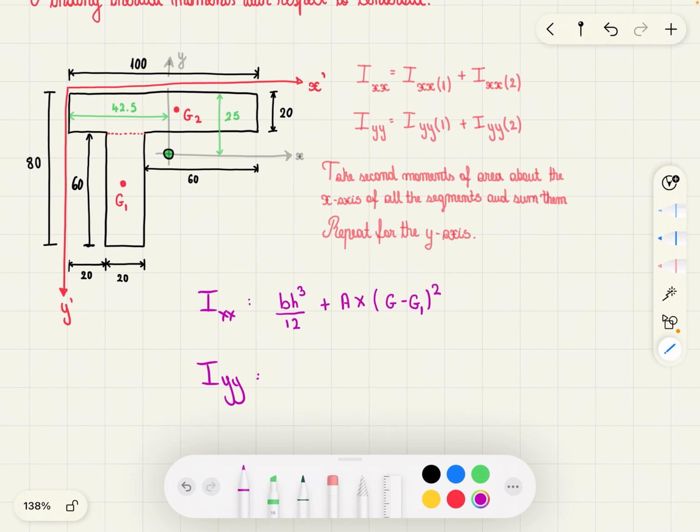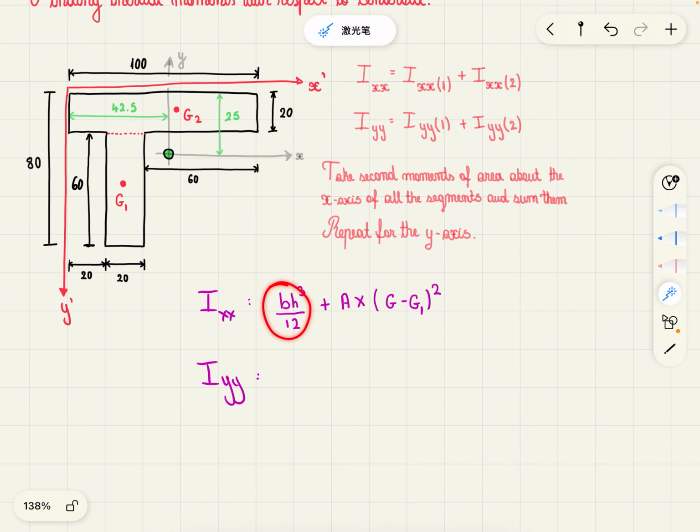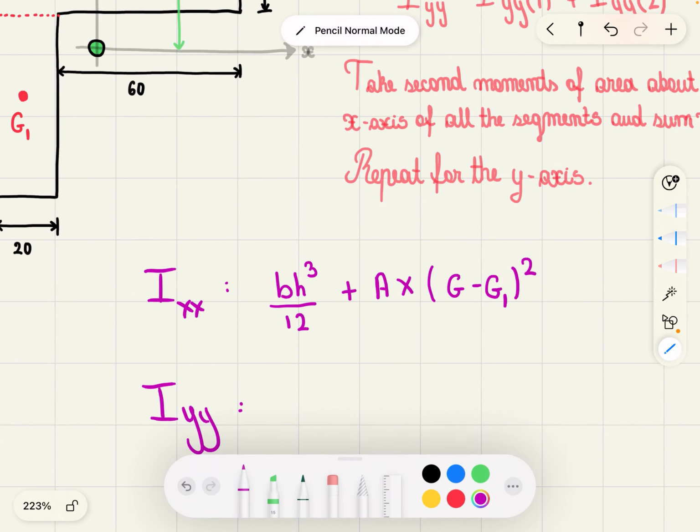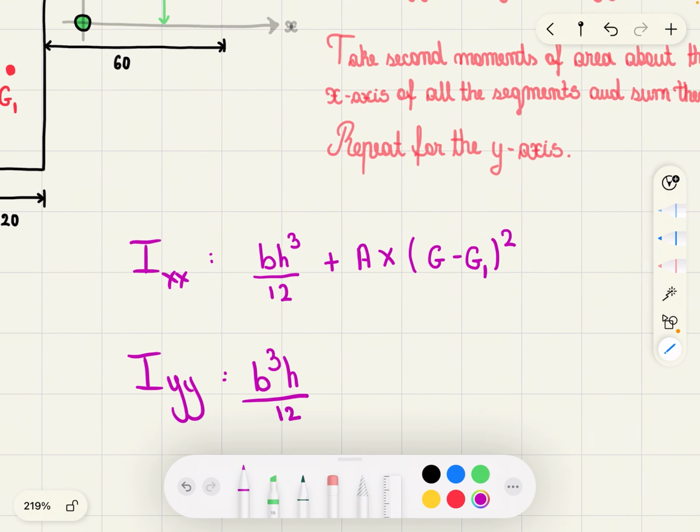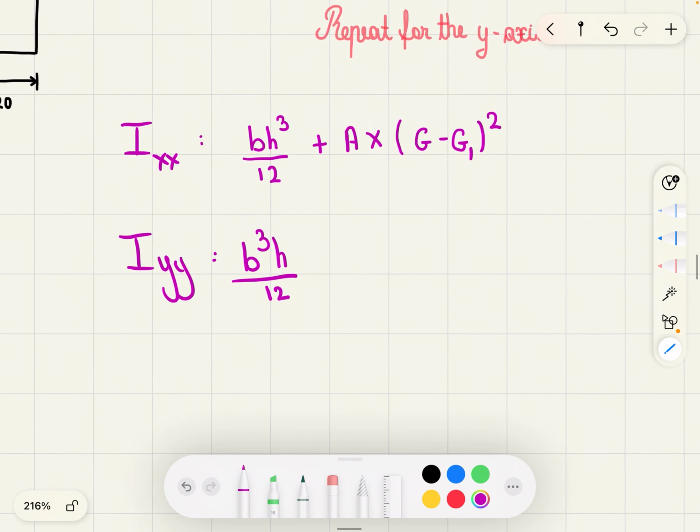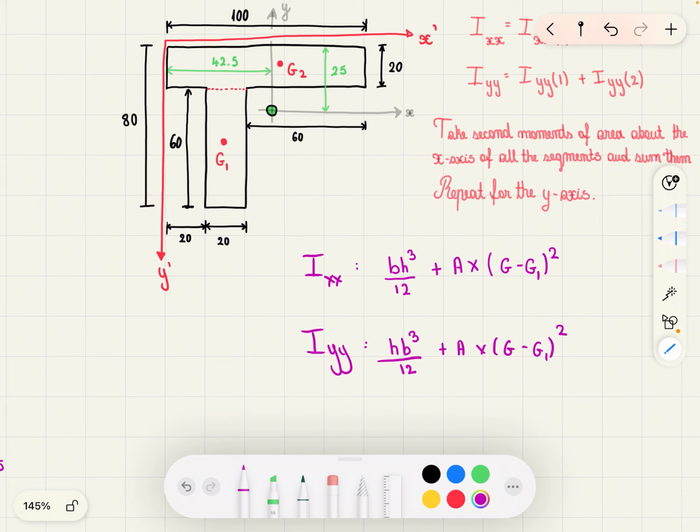This time, when we're finding Iyy, there's going to be a change here. It's going to be base cubed times height over 12, which in this case, we're going to write to make it neater as HB cubed over 12. And then add the area multiplied by the distance from G to G1 squared.